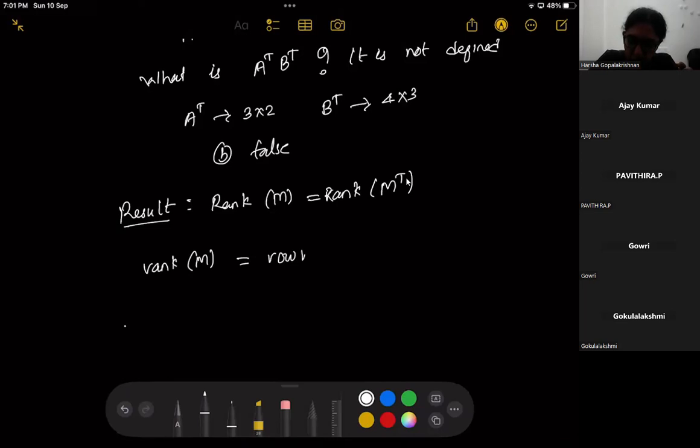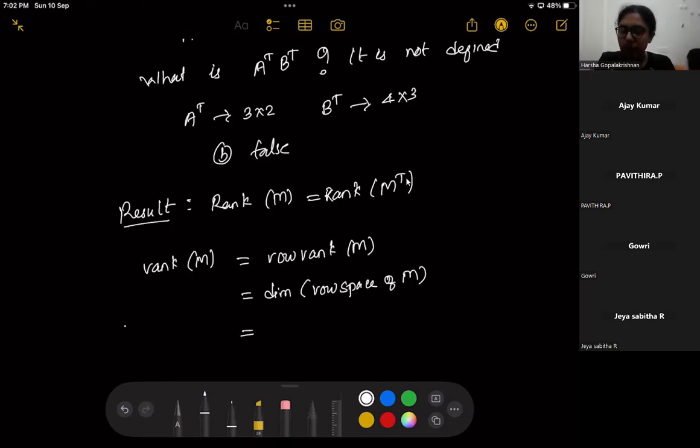What is the row rank of M? Row rank of M is the dimension of row space. That means we will find the space generated by the linear combination of the rows of the M. Now, the row space of M means the space generated by the rows of M. It is same as the space generated by the columns of M transpose, because columns of M transpose is nothing but the rows of M. Okay.